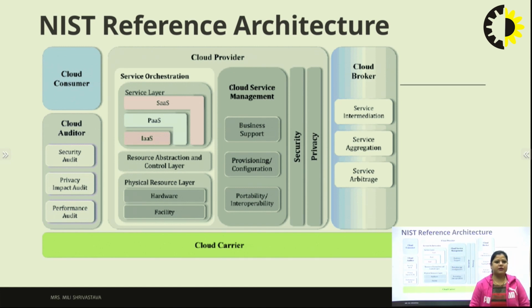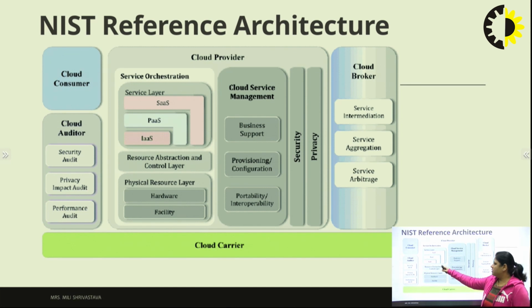Next is platform as a service. Platform as a service is basically used by developers. Infrastructure as a service is deployed by virtual machines. Whenever there is so much hardware, we convert that hardware into virtual machines for better utilization of hardware, memory and operating system.